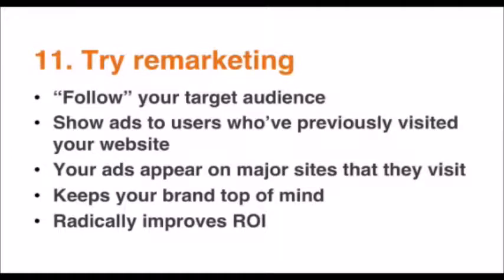So there can be kind of a halo effect that your brand can experience by advertising on those major sites. And the cool thing is you're not actually advertising on those major sites in terms of having any sort of direct advertising relationship there. Google is actually negotiating those deals and placing those ads automatically for you. So this is a great way of keeping your brand top of mind, and it can really dramatically improve the ROI of your advertising campaigns.